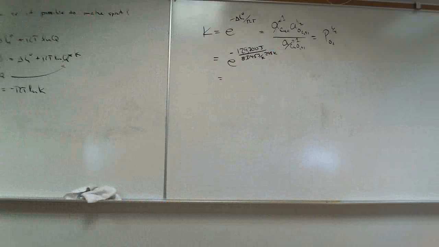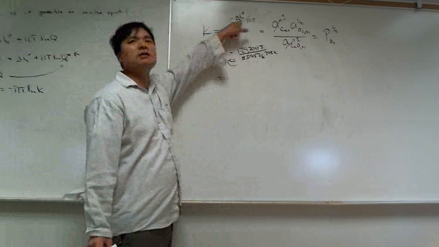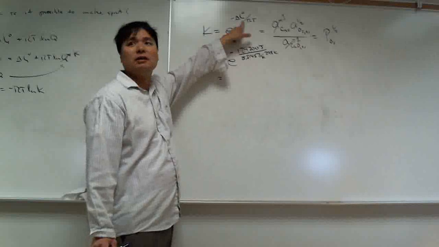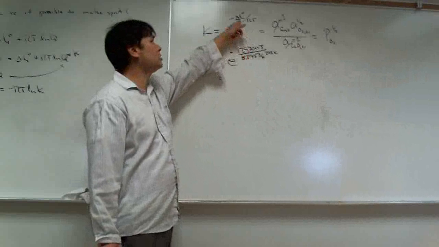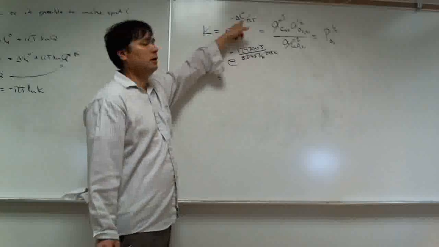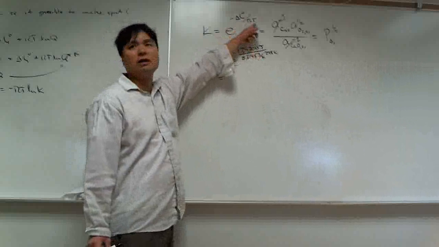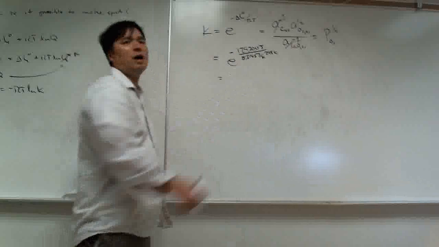And so, well, wait a minute. Am I making a mistake again? This delta G naught, should I change this from delta G naught to delta H naught minus T delta S naught? Do I have to do that? No, I don't have to do that because this is delta G naught at temperature T. T is 298 Kelvin, so this is the correct delta G naught and the temperature is correct. And so it's fine to use this equation, and we end up with what?